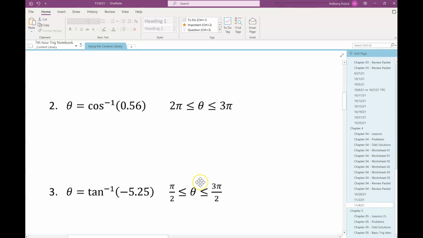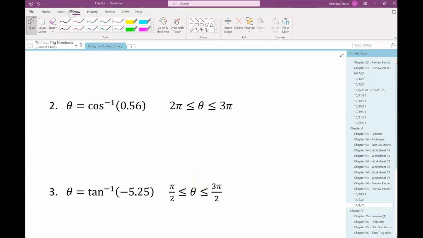So this one right here. Okay. So what we'll do is, first thing I'm going to observe is that my answer is going to be a positive value for theta. I know it has to be positive because it's between 2 pi and 3 pi, which are both positive numbers. So since it's positive, when I draw my picture, I'm going to be going counterclockwise.